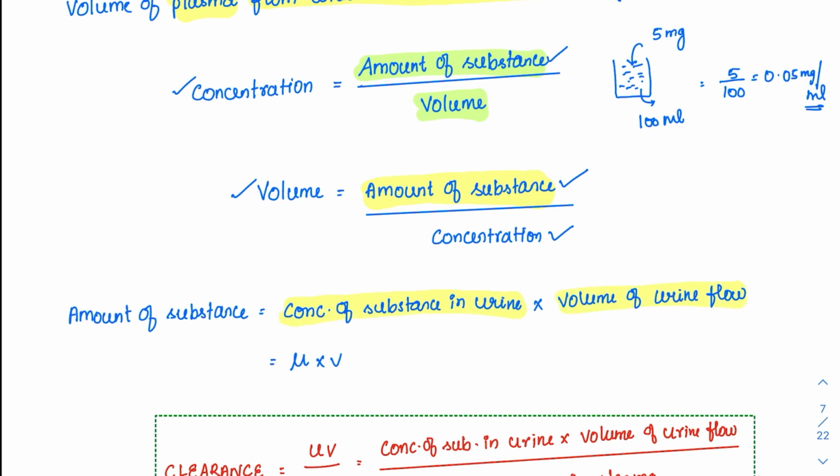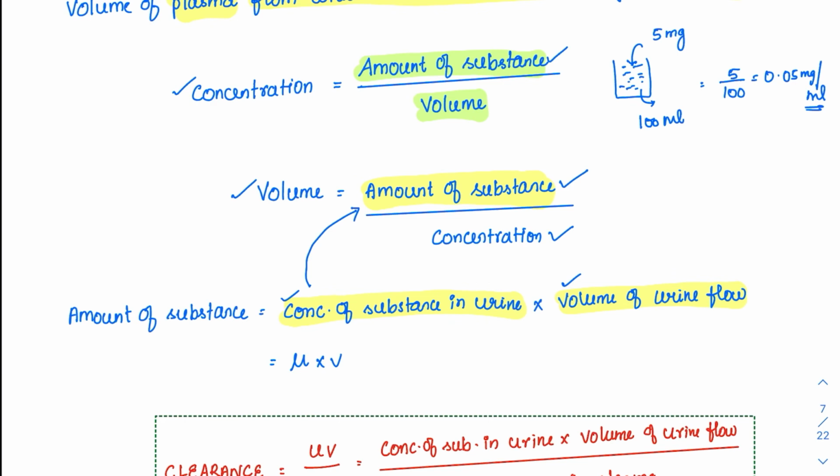If I know the volume of urine flow and the concentration of the substance in it, that will give me the amount of substance. Directly I will not be able to measure how much amount of substance is being released, so I take the concentration of the substance in urine and calculate the volume of urine flow in the particular patient. That will give me the amount of substance.